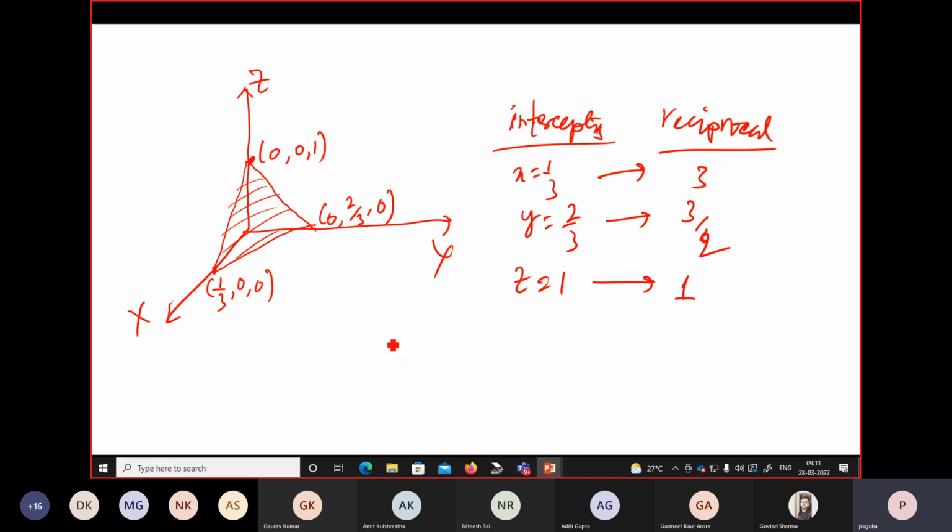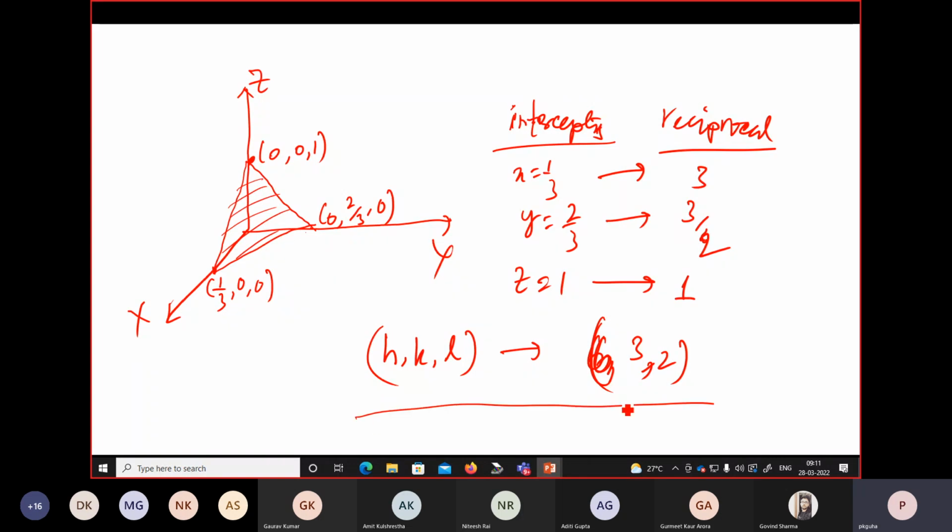So the Miller indices HKL of this hatched plane would be 632. It can't be a fraction, so you have to multiply by 2, so it becomes 6, 3 and 2. So HKL is the Miller indices of this particular plane, which is 632.